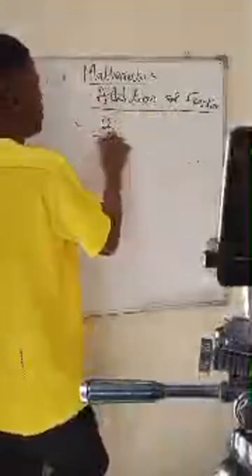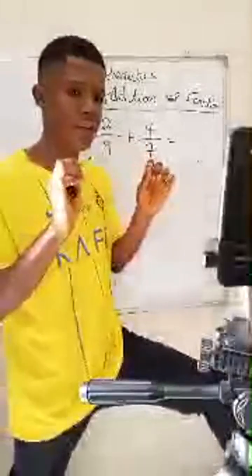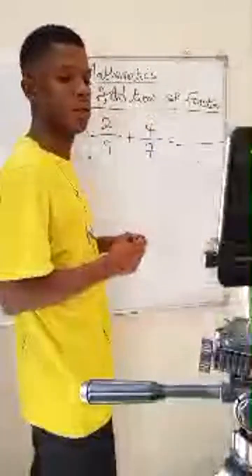Okay, let's look at the next one. We look at 2 over 9 plus 4 over 7. What do you observe? The denominators are different. So what should I do to get the new denominator? 9 times 7 is what? I hope you are not looking at the multiplication table.